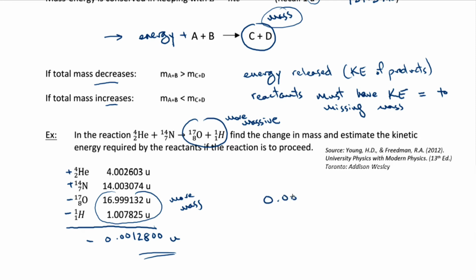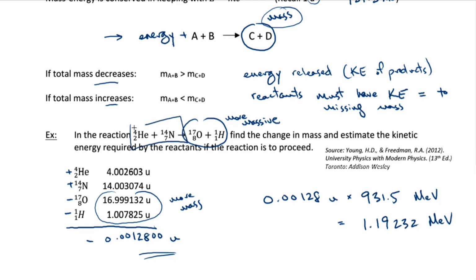So we need to make up 0.0128 atomic mass units. One atomic mass unit is equal to 931.5 mega electron volts. We do that multiplication and we see that we need 1.19232 mega electron volts of energy. In other words, these two things have to be fired at each other with at least this much kinetic energy in order to create the mass that we see on the right-hand side.